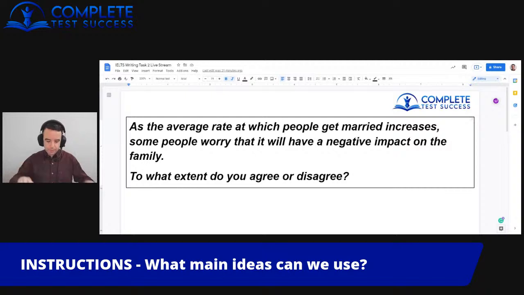Okay, so we had plenty of main ideas. Less fertile, the parents will have more strength. They won't be as tired as when they're older. The age gap will mean that the children and the parents can bond better. It's safer for a woman to have children when she's younger.